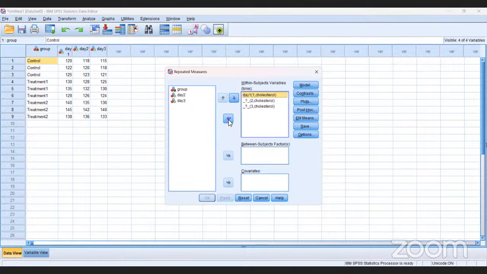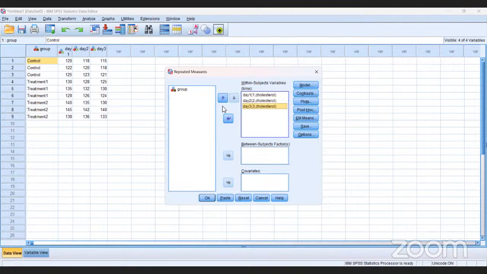It will go to the first place. Day 2, it can go to the second place. And day 3, it will go to the next place. Okay.